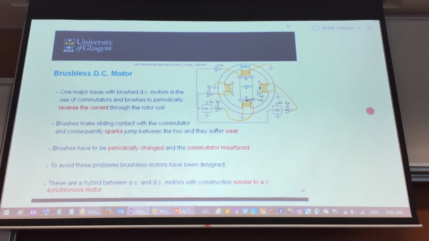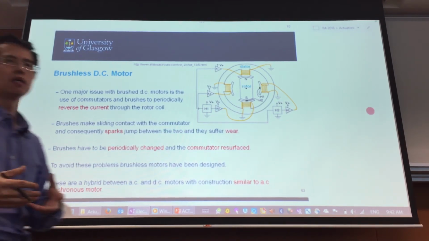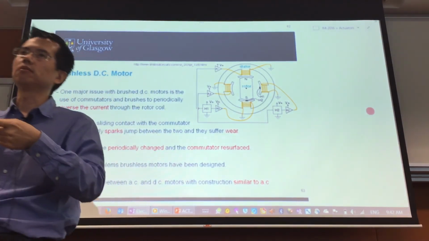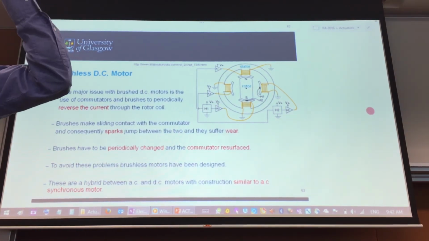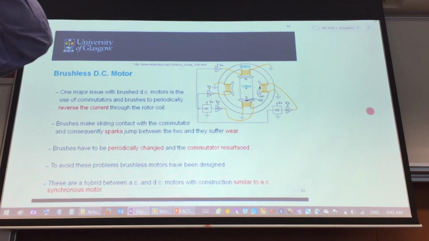So then we come to designing another kind of motor that we call brushless. Why is it brushless? Well, that's because there's no brush in there. So why is it possible to work without a brush? That's because we inverted the concept. Just now you heard that the stator is your magnet on the outside, and the rotor has the coil of wire.